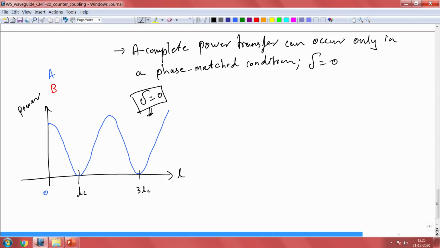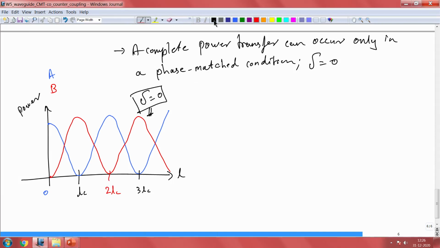Now, how is the power going to look like at B? When you start, B is 0, so there is no power in B, but then as it propagates you will see that this is for B. B gets maximum power when it is LC, and it gets lowest power at 2 LC.